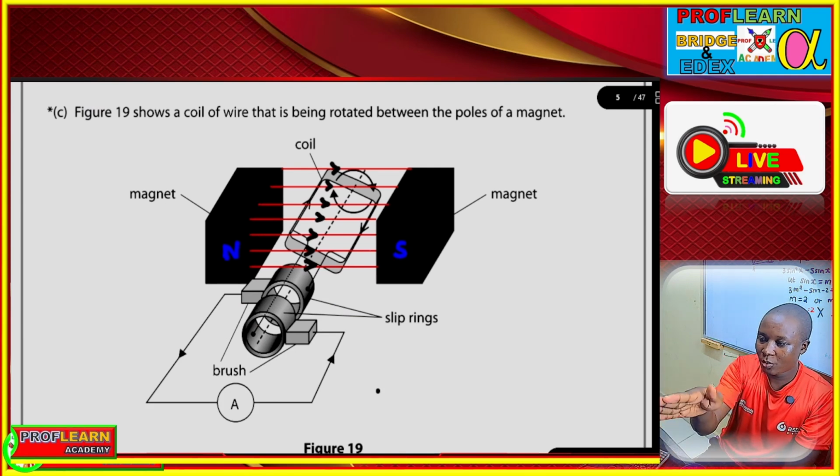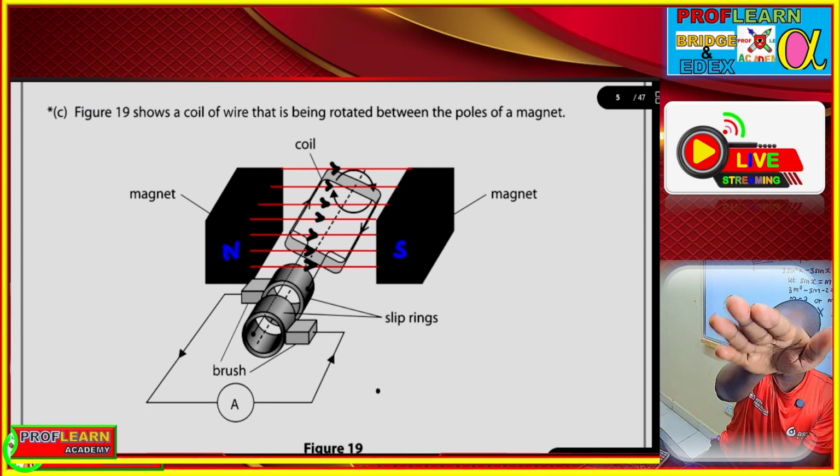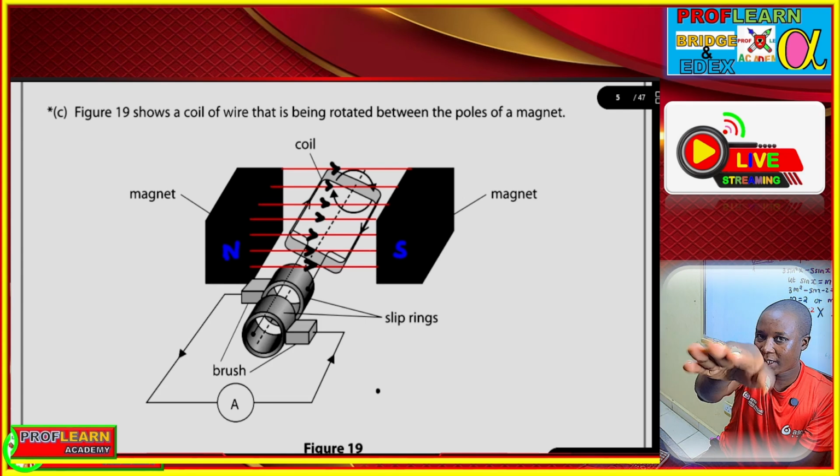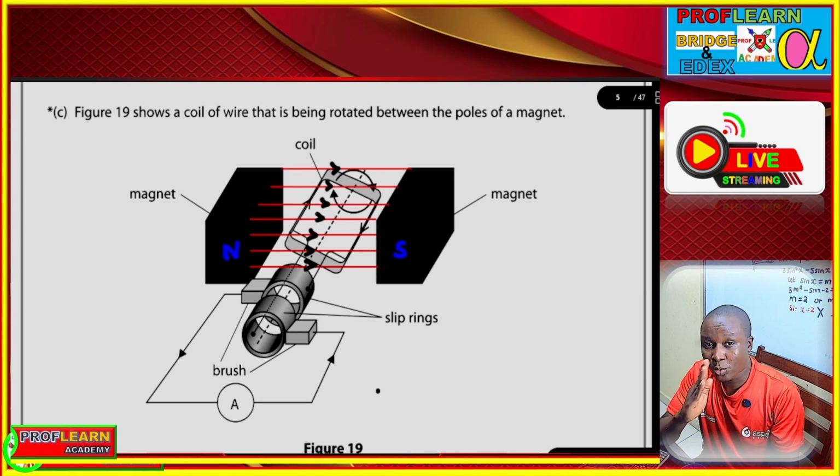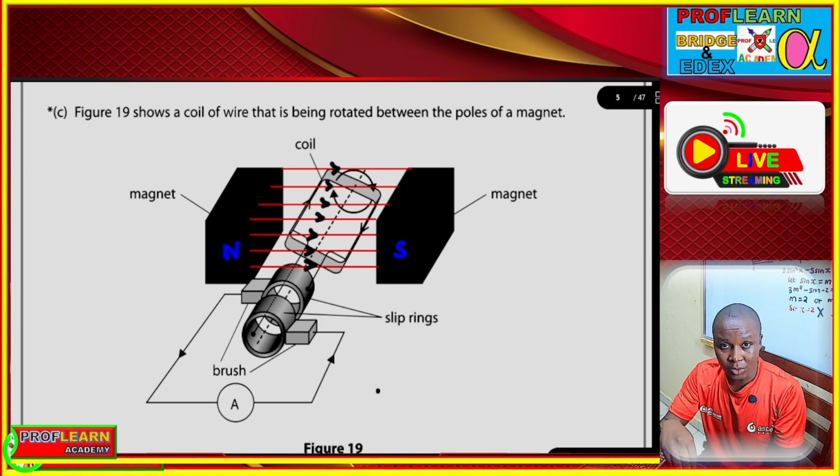when it's rotating within the magnetic fields, it's going to cut through the fields. And when a conductor cuts through the fields, an EMF is going to be induced in that particular conductor.